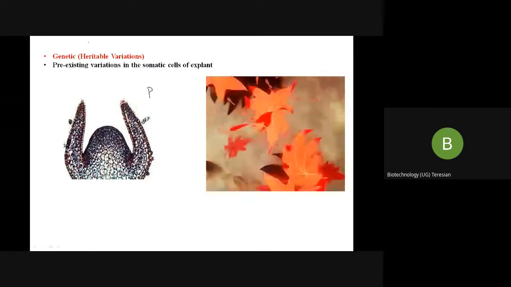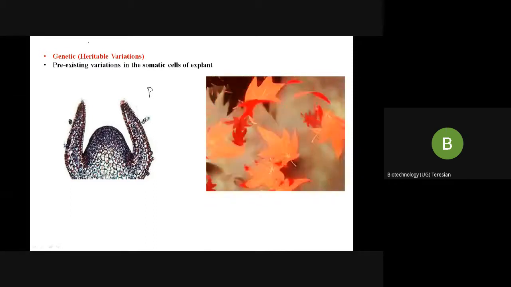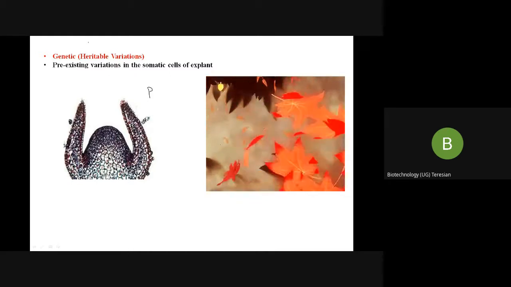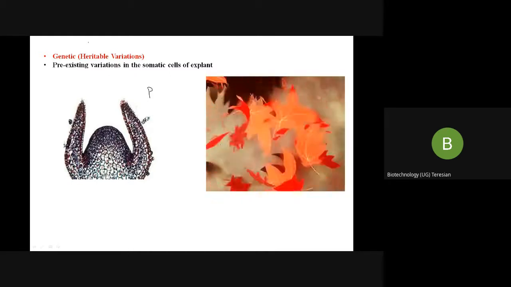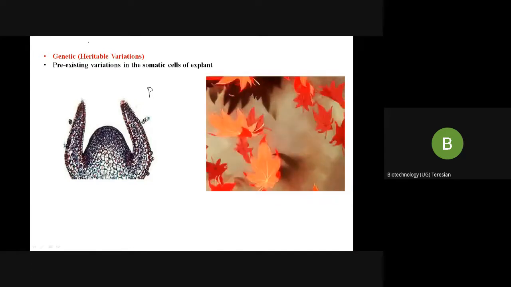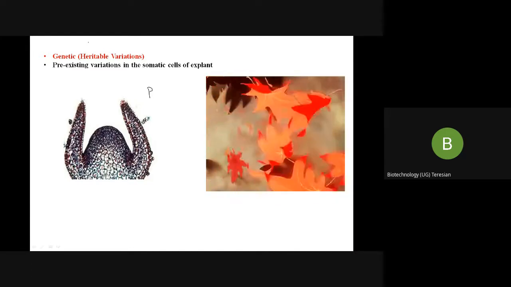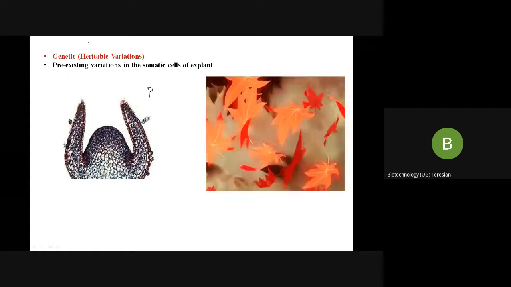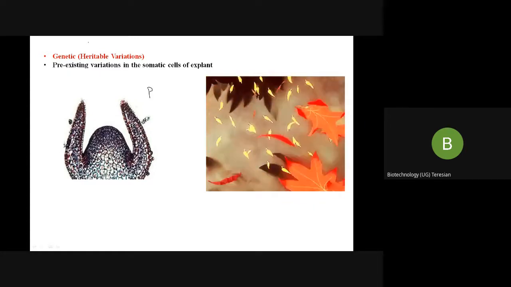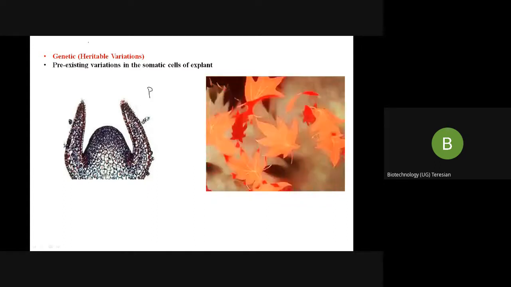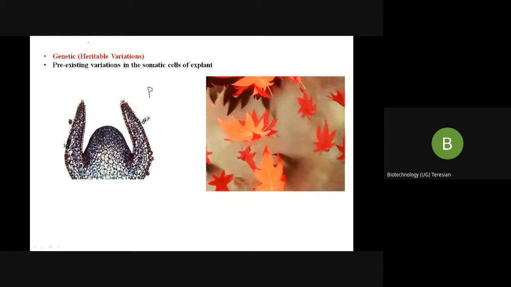What is the function of the meristematic tissue? Meristematic cells continuously divide and produce various organs of the plant body. You all already know, because it has meristems, it keeps on dividing and provides the various organs of the body.